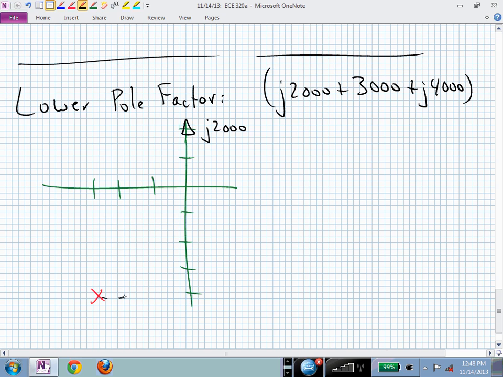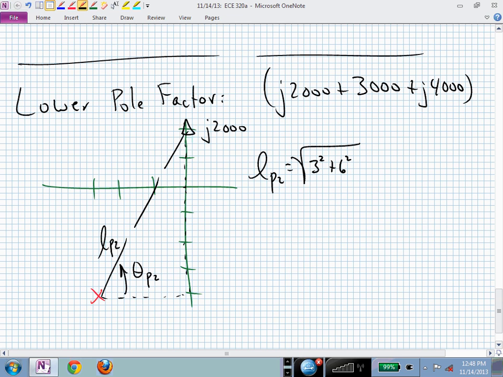So if we go over 3,000, up j4000, and then up j2000, we get to that location, and that's now this distance, L sub P2, at an angle of theta sub P2, where L sub P2 is now this square root of 3 squared plus 6 squared, or the square root of 45, times 1,000, which is not quite 7.